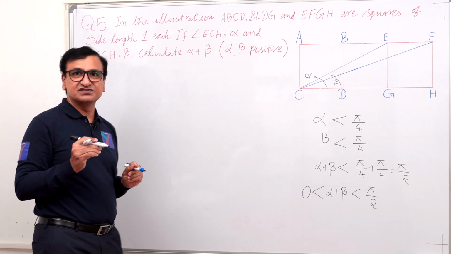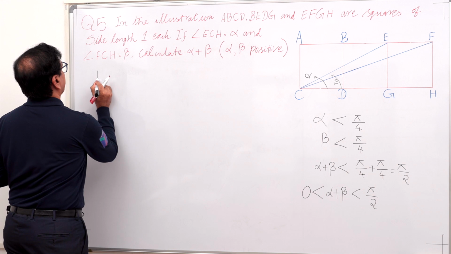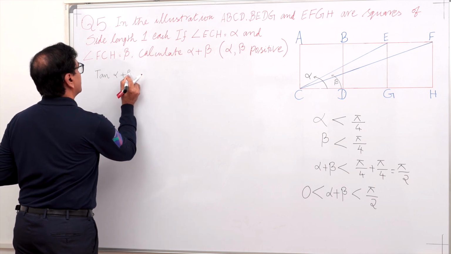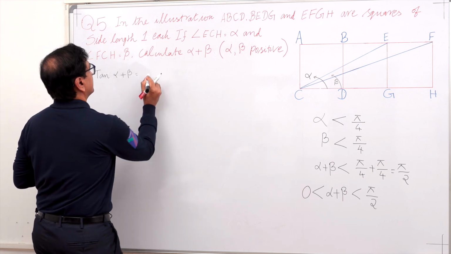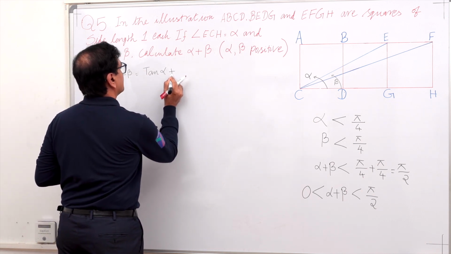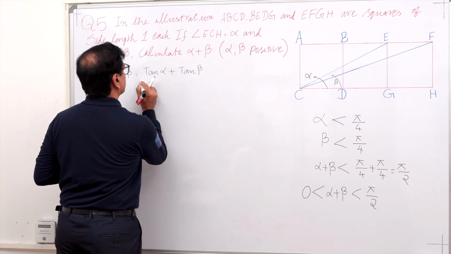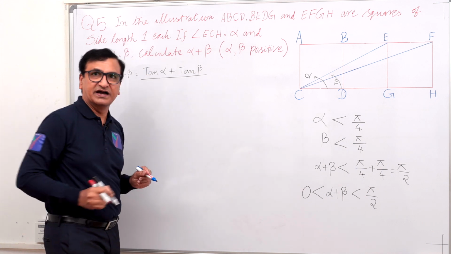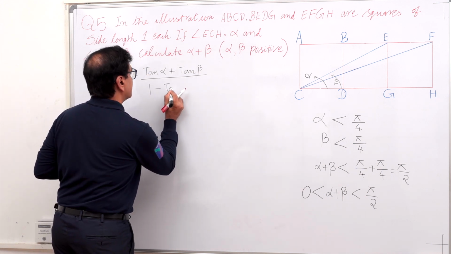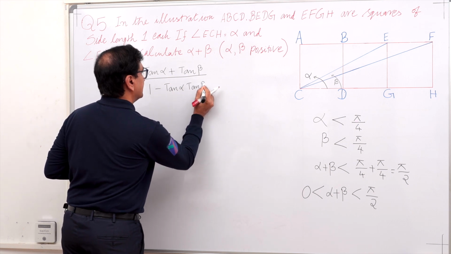Now, I am going to use the tan of alpha plus beta formula. Tan of alpha plus beta equals tan alpha plus tan beta, whole thing divided by 1 minus tan alpha tan beta.